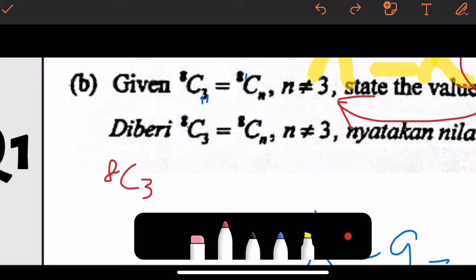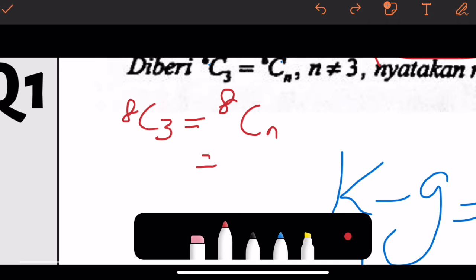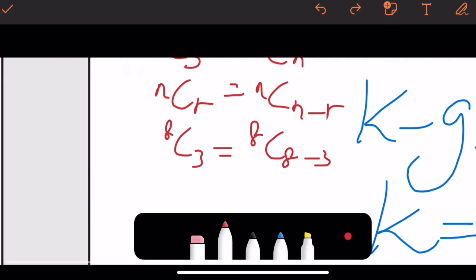Now we want to solve this one. 8C3 is equal to 8Cn. State the value of n. We have the formula nCr equals nC(n minus r). So 8C3 equals 8C(8 minus 3), so it's 8C5.